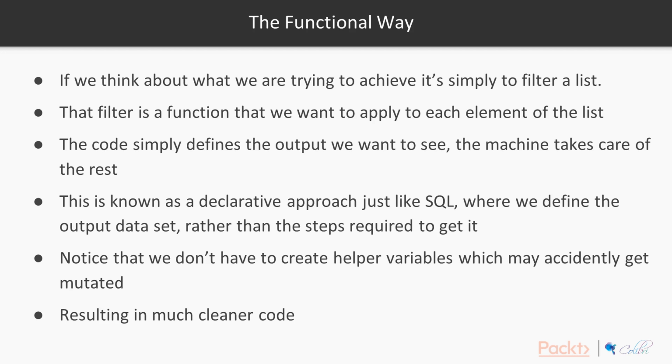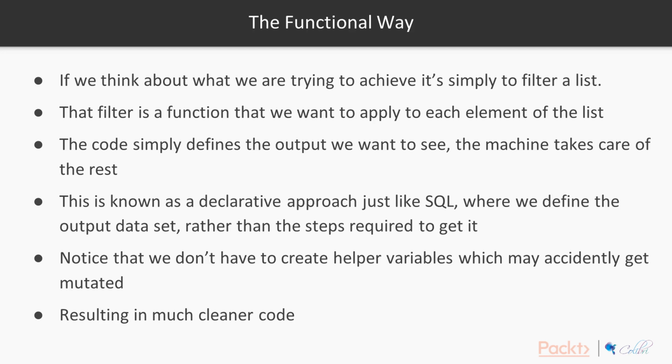So the code simply defines the output we want to see, and the machine takes care of the rest, as opposed to writing a list of instructions the computer must take. What we're doing is defining declaratively what we want the output to be. So this is known as a declarative approach, just like with SQL, where we define the output data set rather than the steps that are required to get to it.